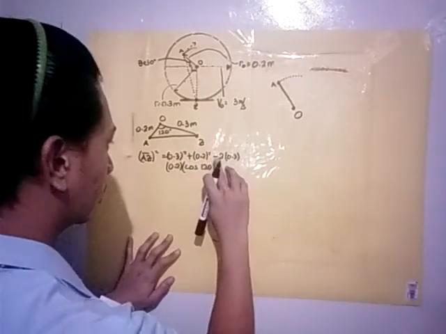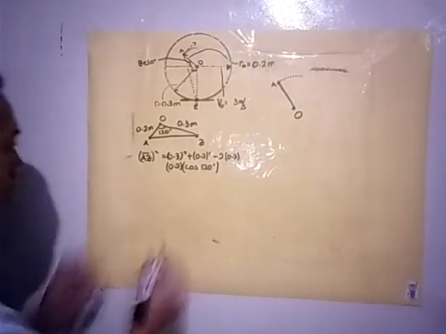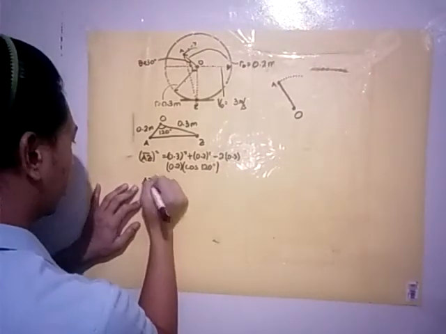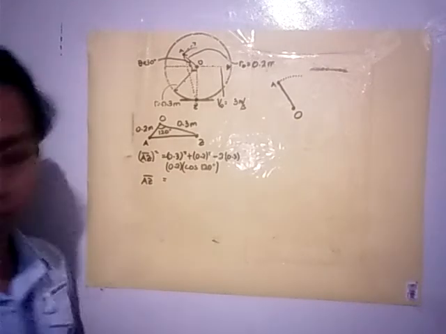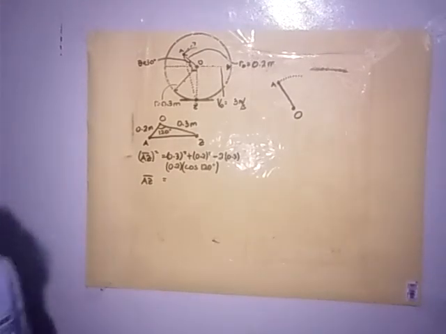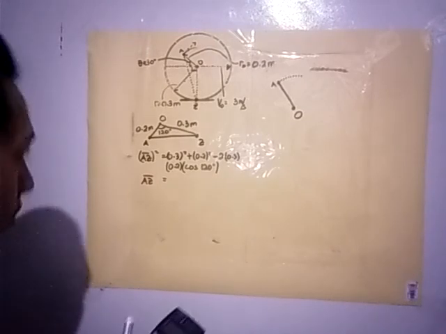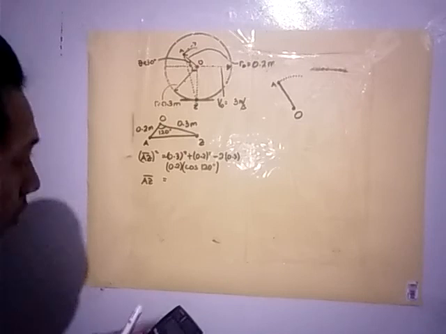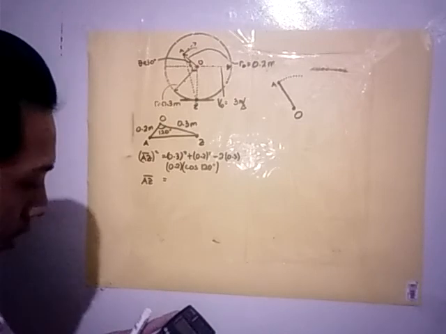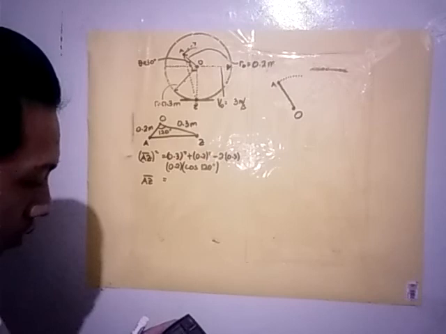So computing for our AZ line, it is equal to 0.3 squared plus 0.2 squared minus 2 times 0.3 times 0.2 times cosine of 120.